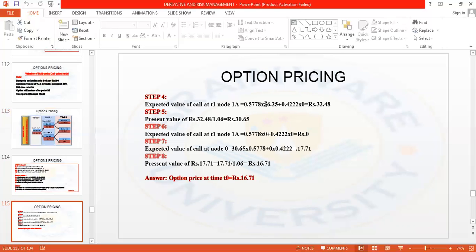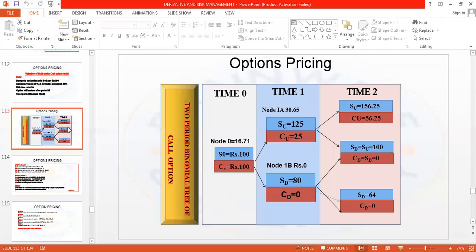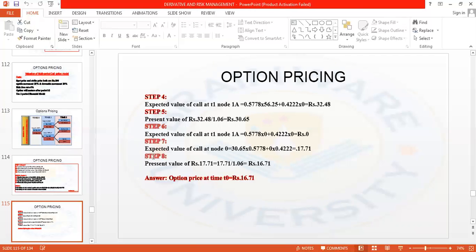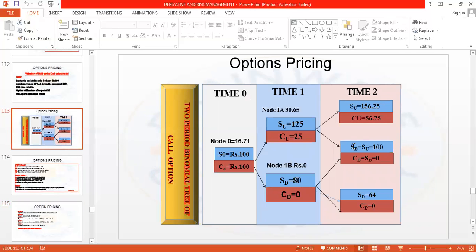So, in upside movement, the value was 56.25. So we will multiply 56.25 into 0.5778, and we will multiply the downside probability with this value 0.